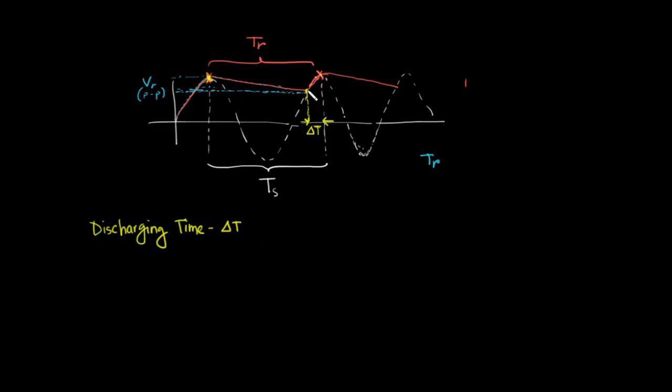You see, the charging time begins at this point and ends at this point, and if the distance between these 2 points in t is Ts, the discharging time is Ts minus delta t. Okay, this is our discharging time.